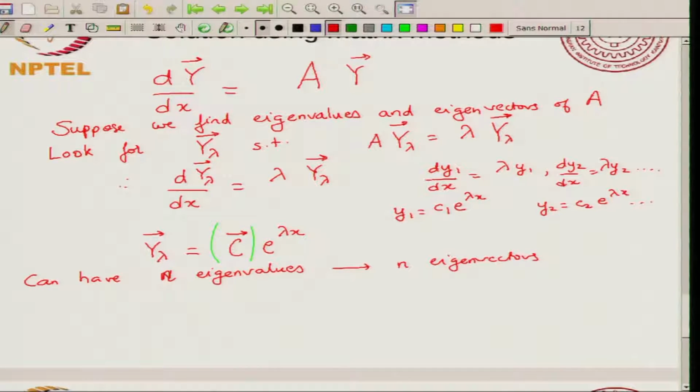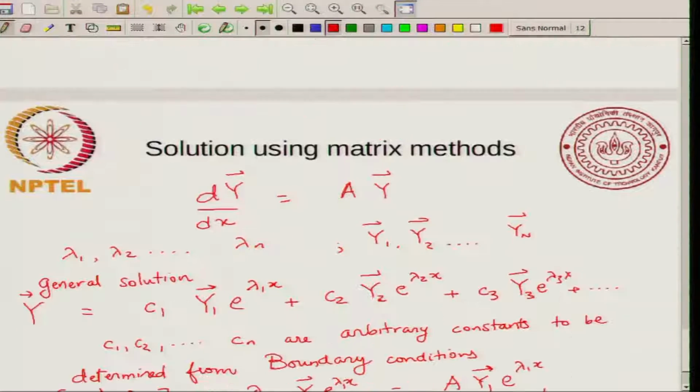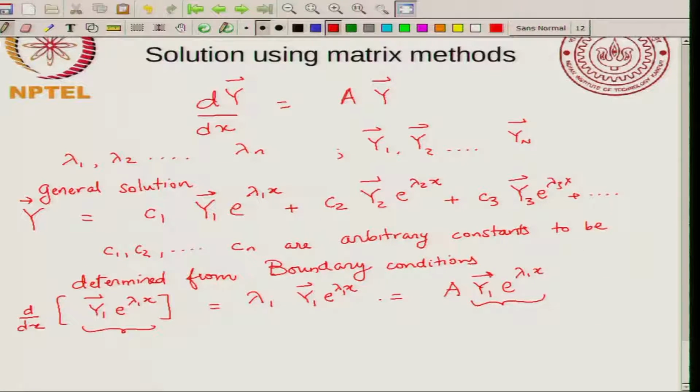We can go ahead and write it as some constant times an exponential, and since we have n eigenvalues and n eigenvectors, we can write the general solution in this form. You can verify that each of these terms will satisfy the differential equation.